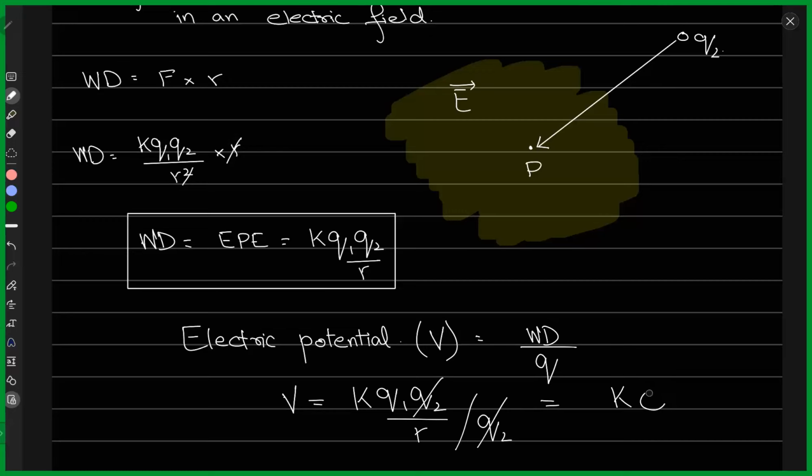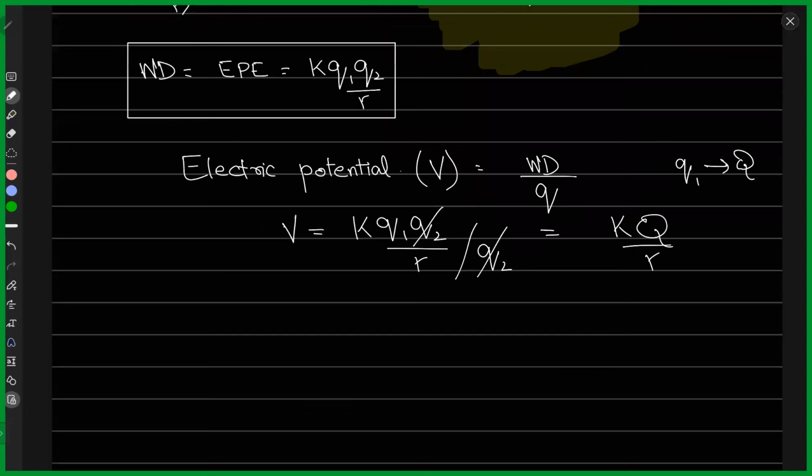I'll now relabel Q1 as some source charge, the original charge that is producing the electric field. That is the reason for this yellow electric field. I'm calling it capital Q. So this would be KQ by R. And this is called the electrical potential near a point charge.